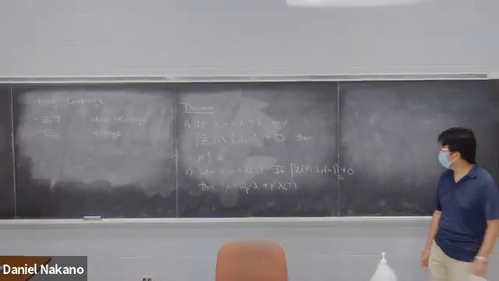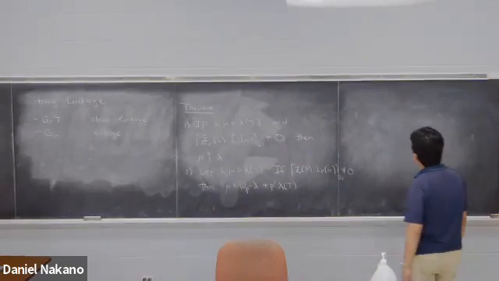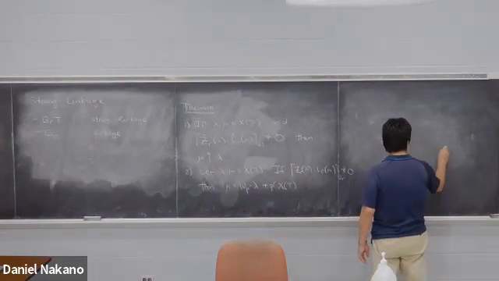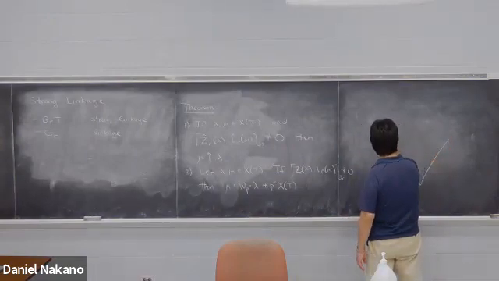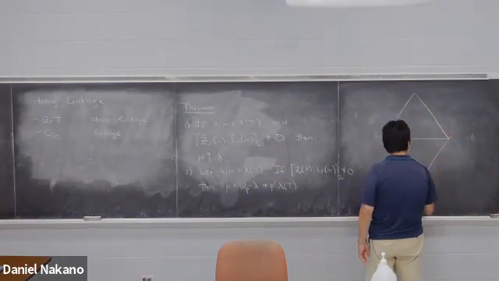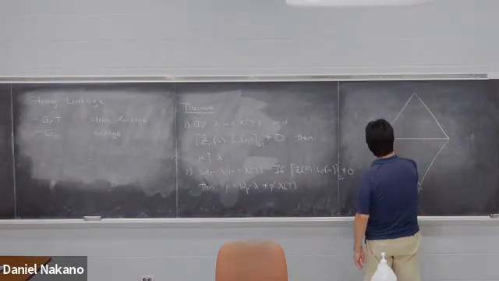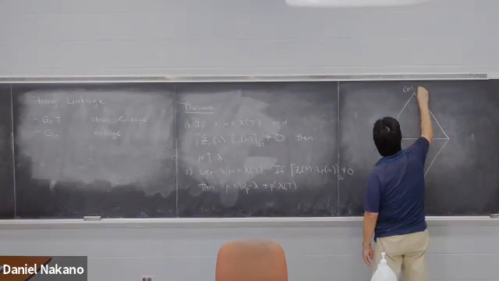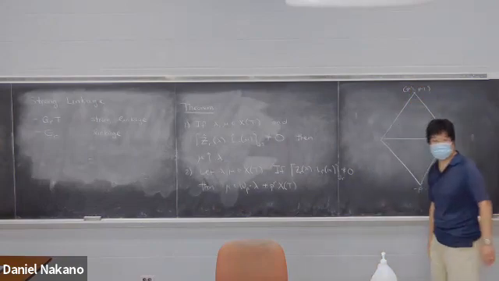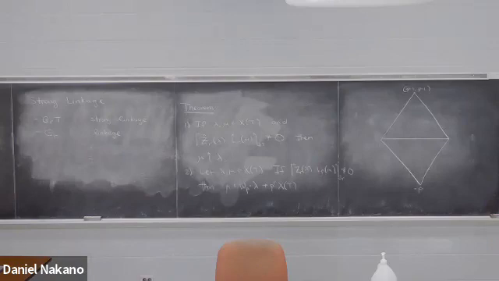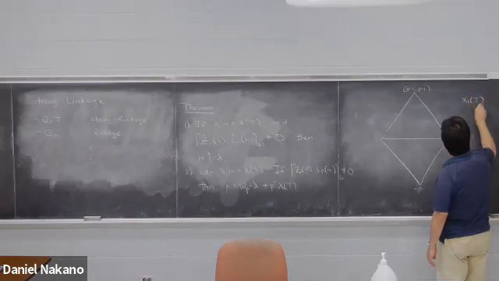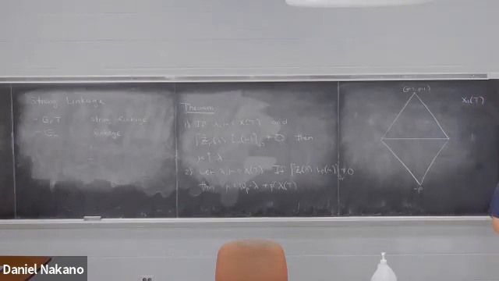Okay, let me show you the difference. This time I'll use my A2 picture. This is minus rho here, this is p minus 1, p minus 1. This is the restricted region, X1(T).